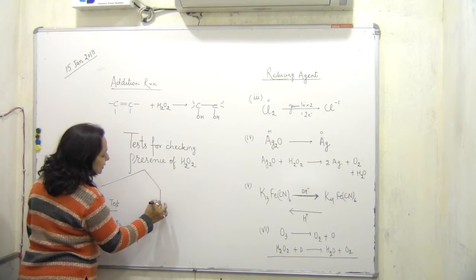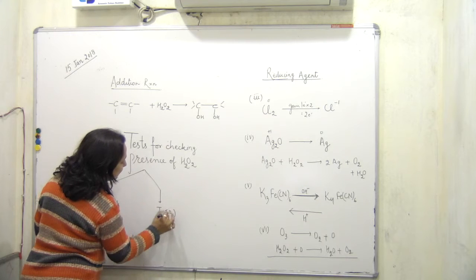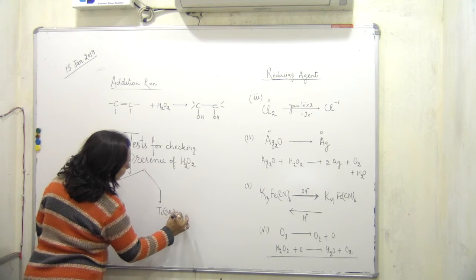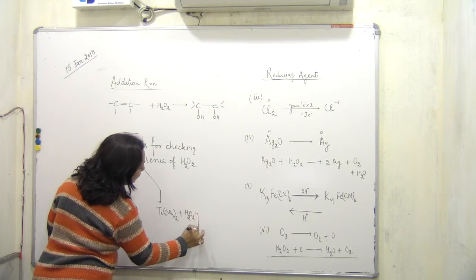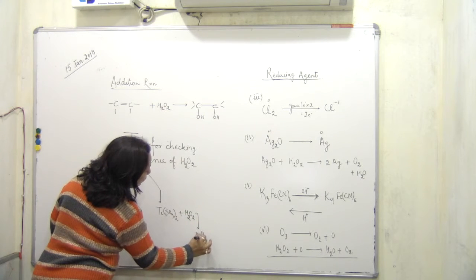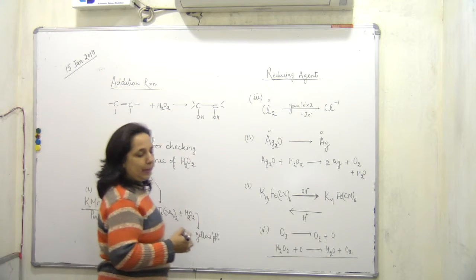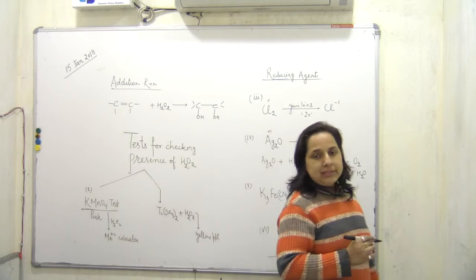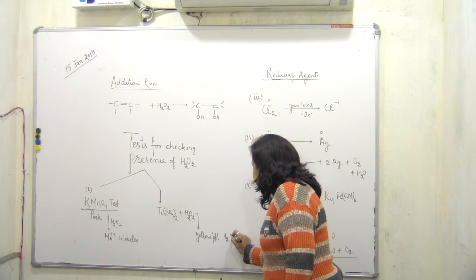Second test we have is the titanium sulfate test. Titanium sulfate, when mixed with hydrogen peroxide, gives a yellow precipitate. The yellow precipitate is formed for a complex that is H2TiO4.